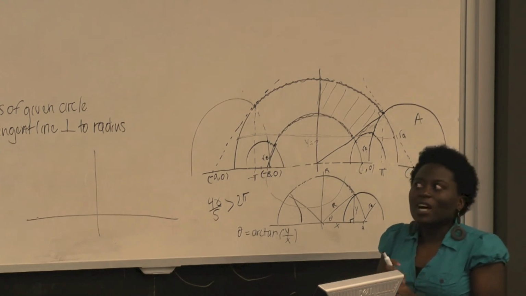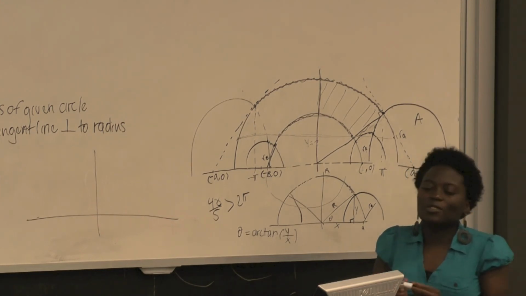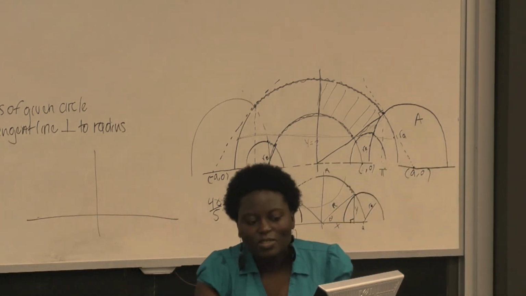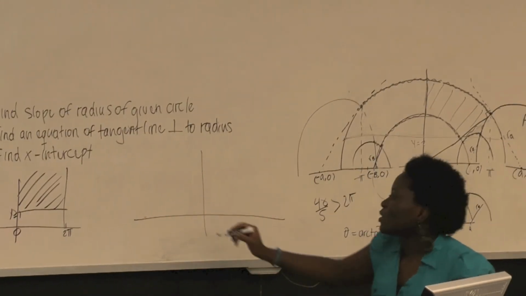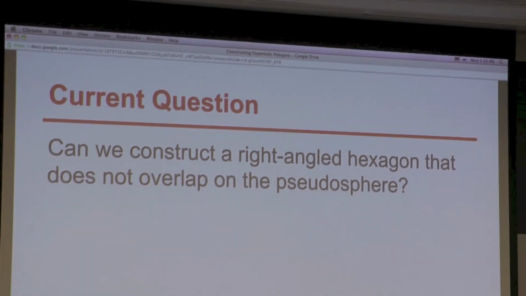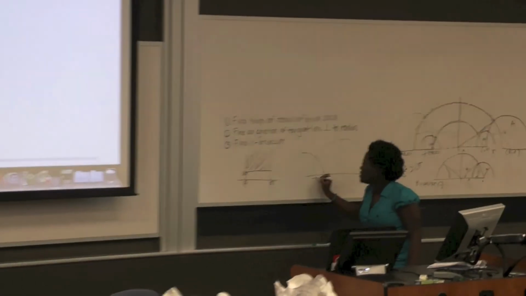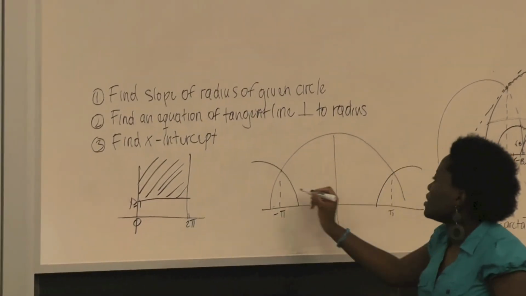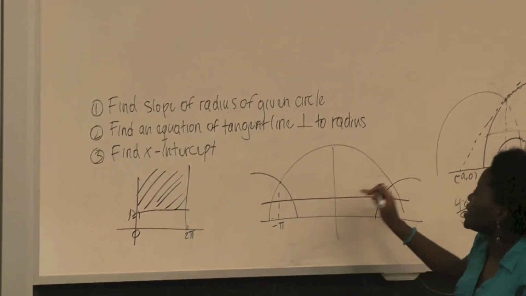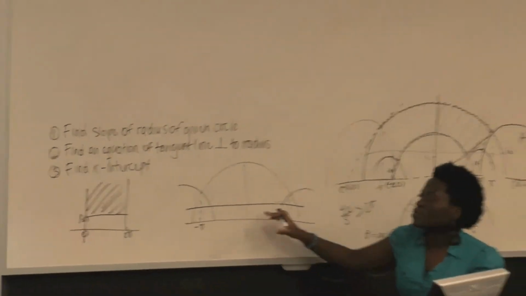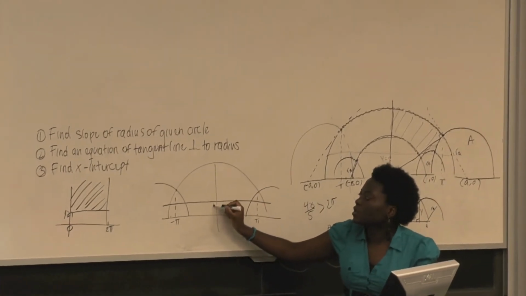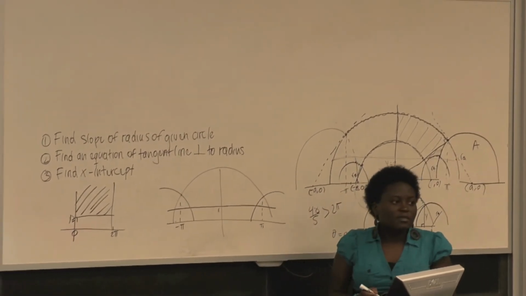So I'm still trying to figure out how to do it, and that's really the last question. Figure out how to get this point right here to be pi, and this negative pi, and then absolutely all the intersections between all the semicircles to be above the line y equals 1.